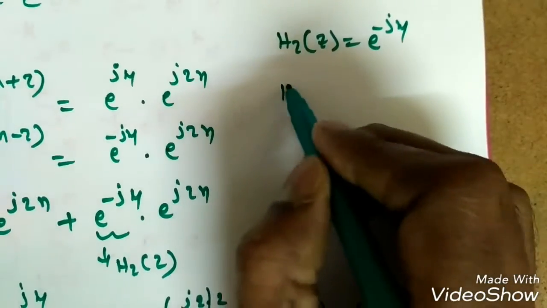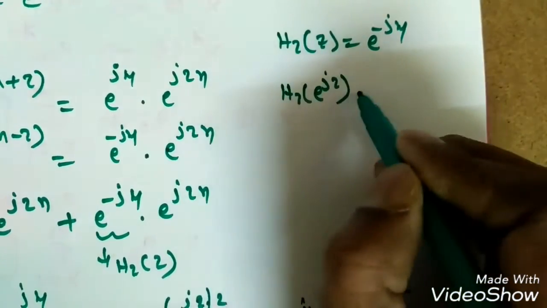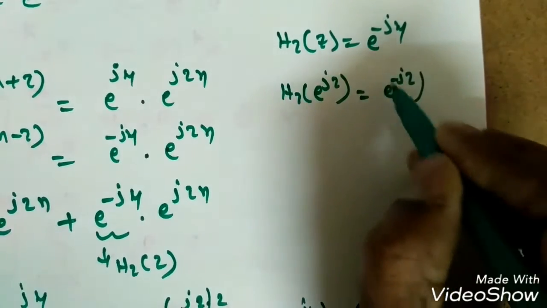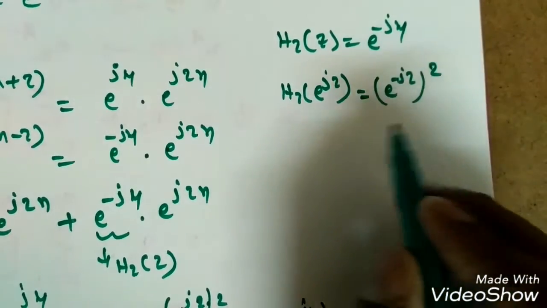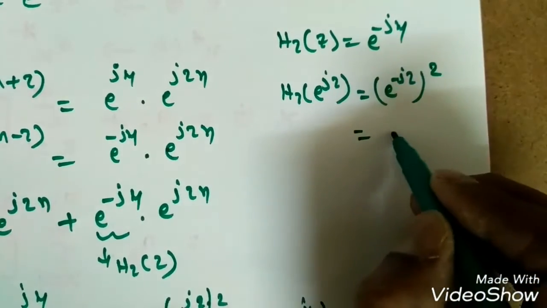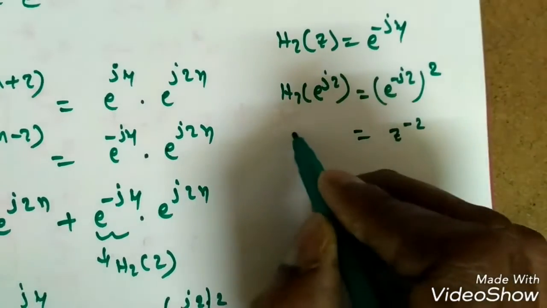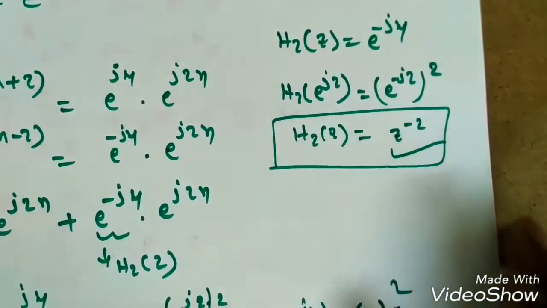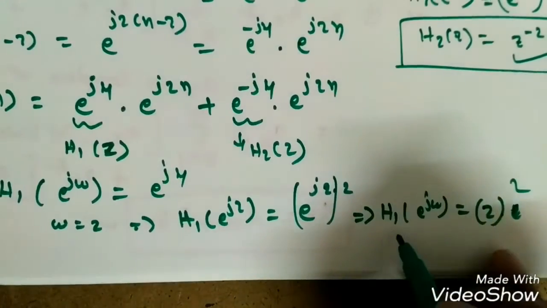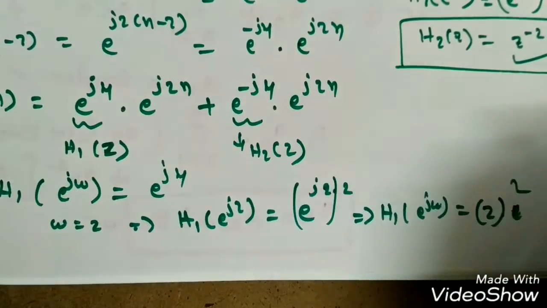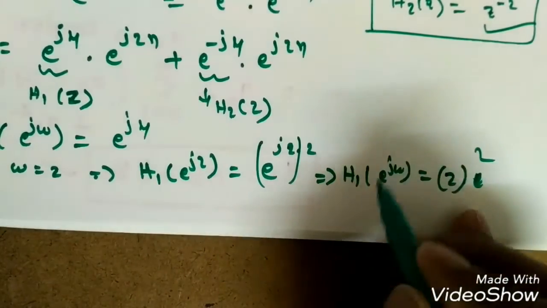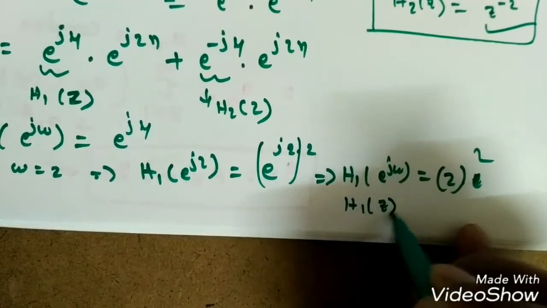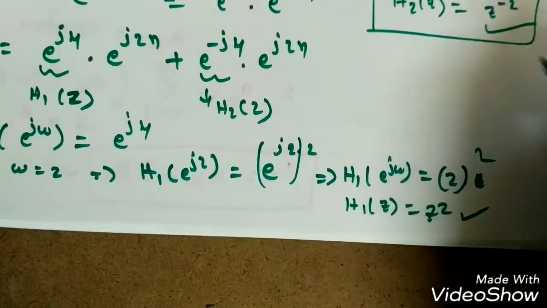Again I can write h2 of e power j2 is equal to e power minus j2 whole square, right? So that means we'll get z inverse square. This is h2 of z, so this is eigenvalue 2 and this is eigenvalue 1, right? h1 of e power j omega, or h1 of z, is equal to z square.